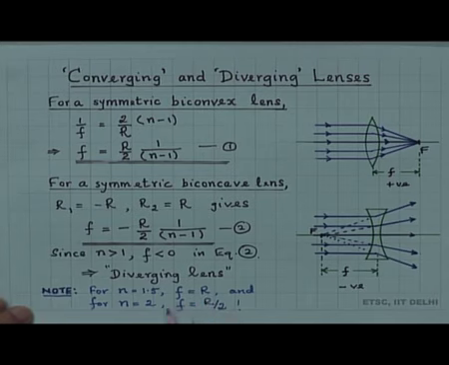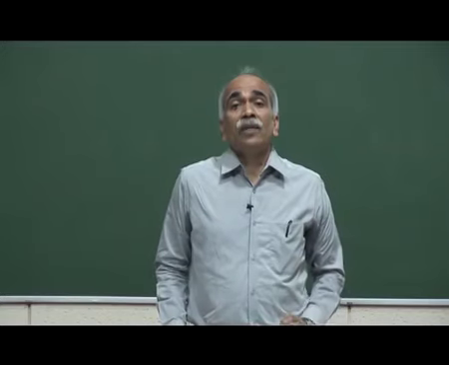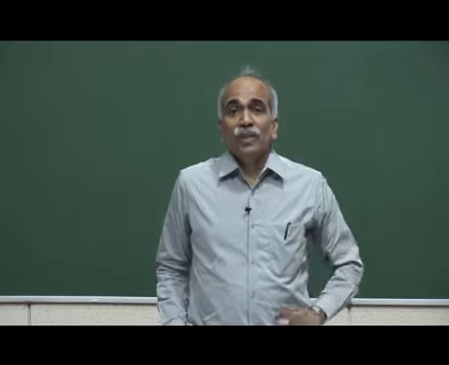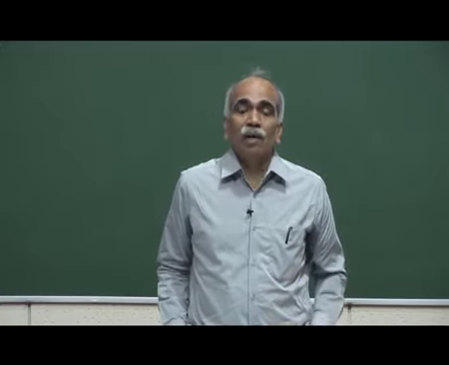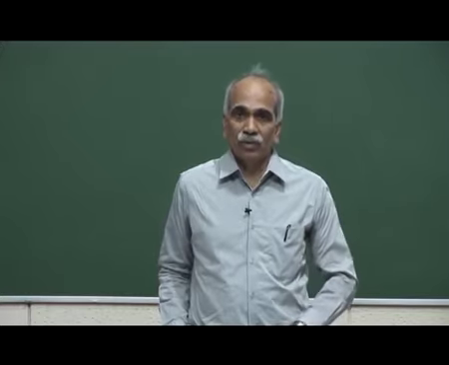This is unlike the case of concave mirrors. We have seen earlier that for a mirror the focal length is R by 2, but in the case of a lens, the focal length need not be R by 2. So in any problem do not jump to the conclusion that the focal length is R by 2; that is not correct for a lens.